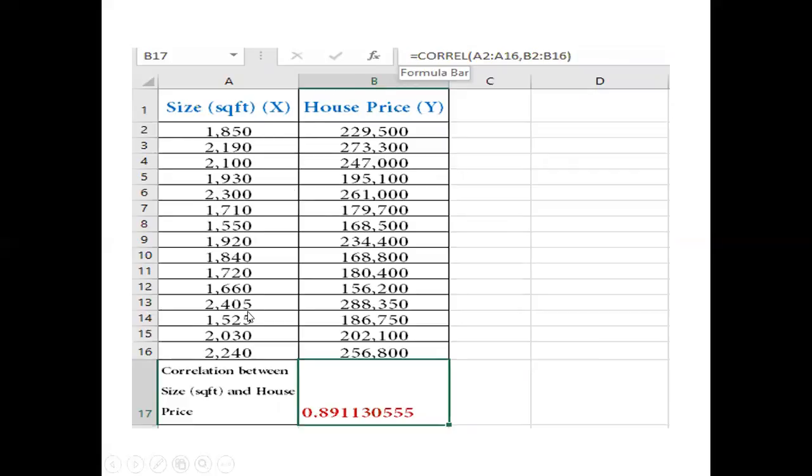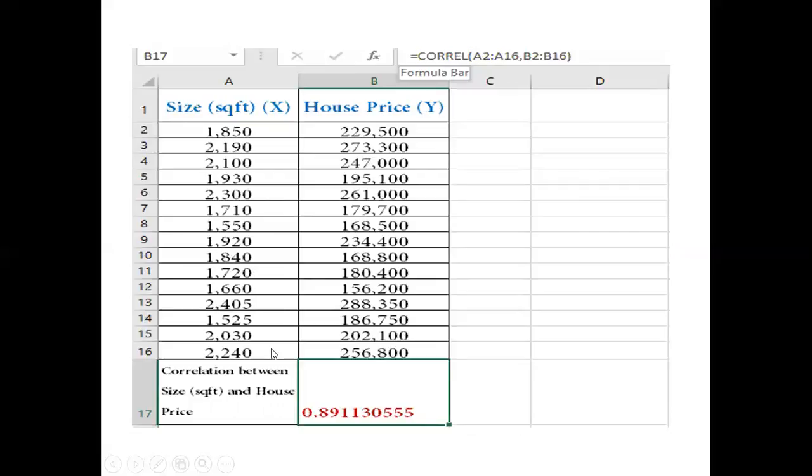First I'll take down all the values of the x variable and the y variable. It is a training set. For 1,850 square feet, 2,29,500 is the price of the house. For 2,190, the price is 2,73,300.